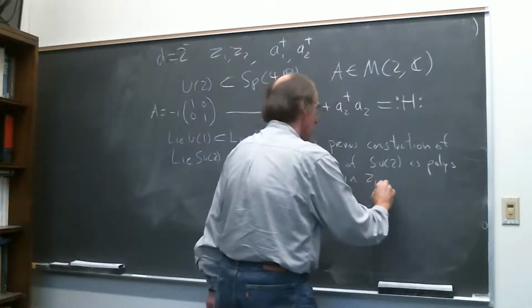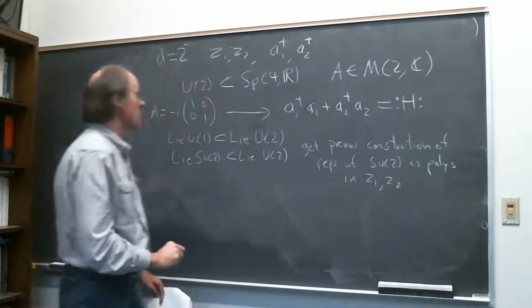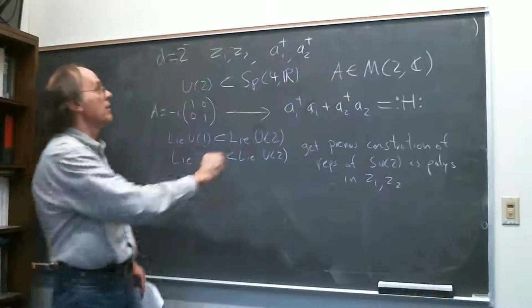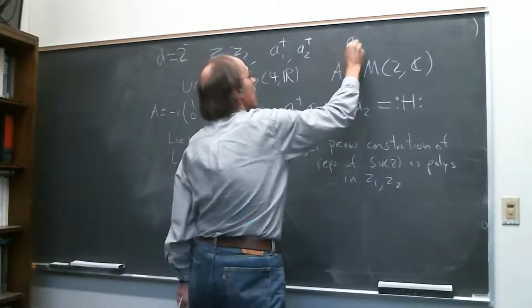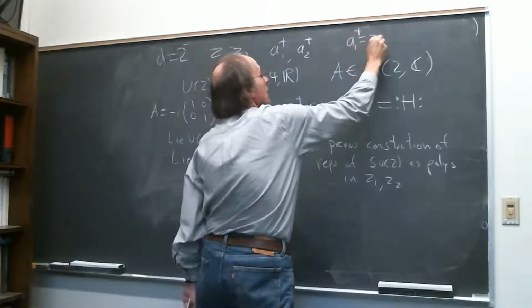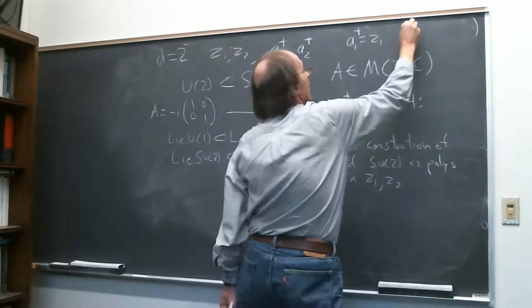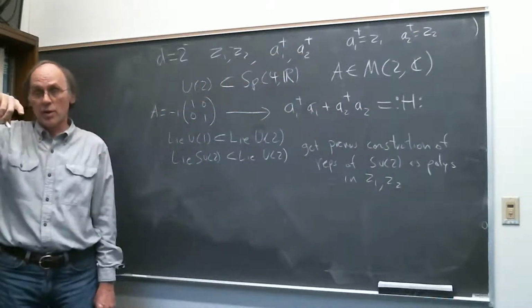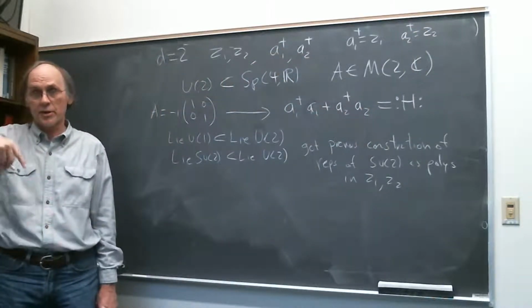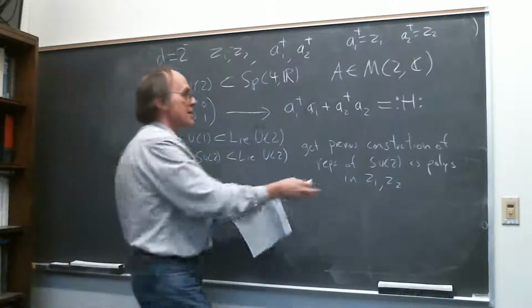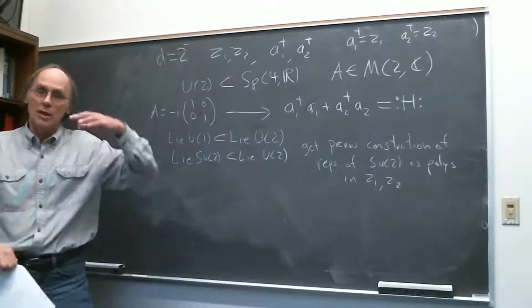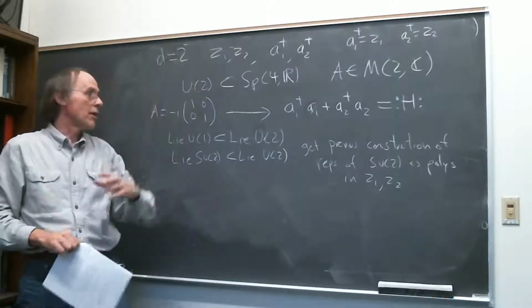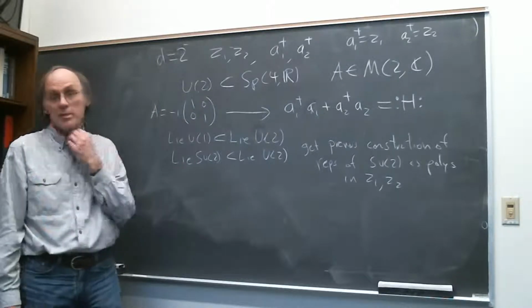A1 dagger is just multiplication by Z1, A2 dagger multiplication by Z2, and then A1 and A2, the annihilation operators, are just differentiation. This is exactly the story we went through last semester about how we get the representations of SU2.